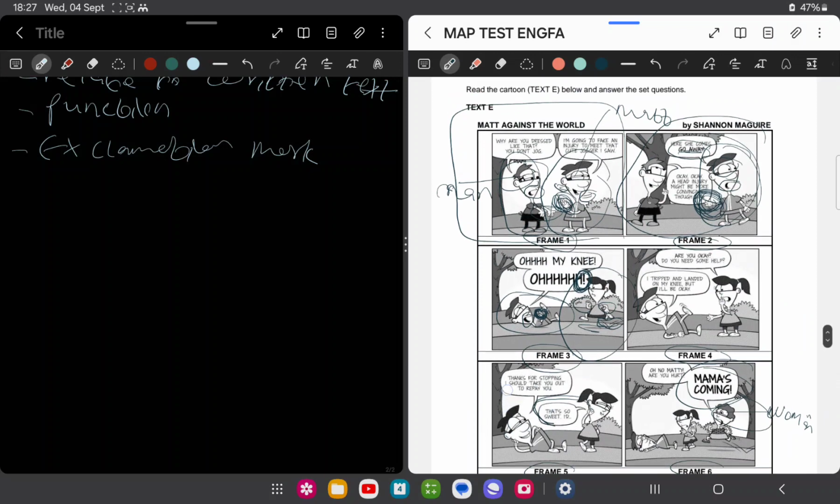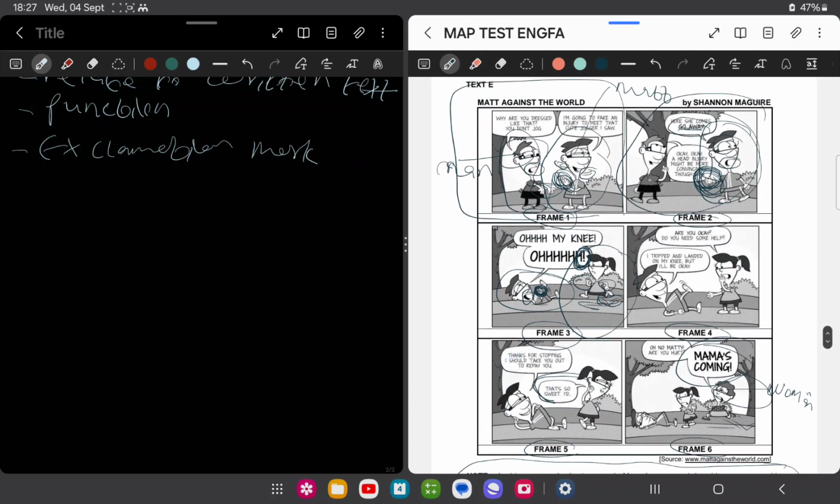So from there, let's analyze. "Why are you dressed like that? You don't joke." So Matt responds, "I am going to fake an injury to meet that cute jogger I saw." In frame number 2, "Here she comes. Go away." He also uses his hand to emphasize whatever he is saying.